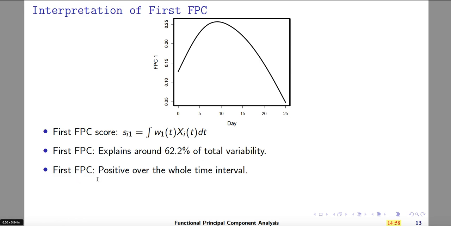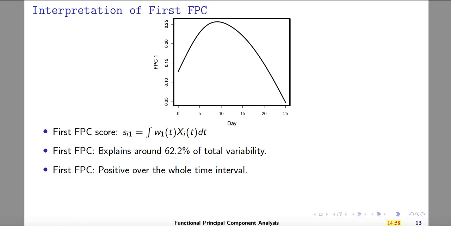So if you look at this first FPC closely, you can see on the y-axis that it is positive over the whole time interval, right? There's no negative value for the first FPC. Looking at the definition of the first FPC score, S sub i1, the integral of W1(t) times Xi(t), you can treat the FPC score as the weighted average of Xi(t) along the whole time interval.